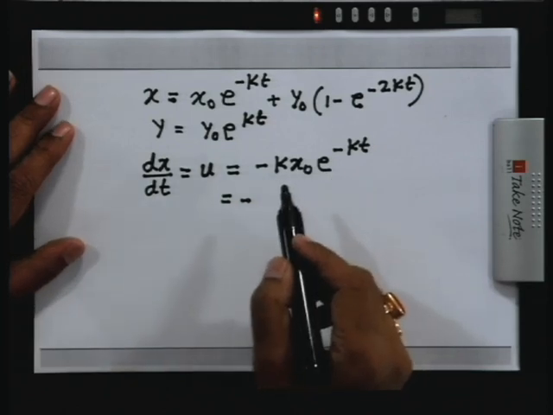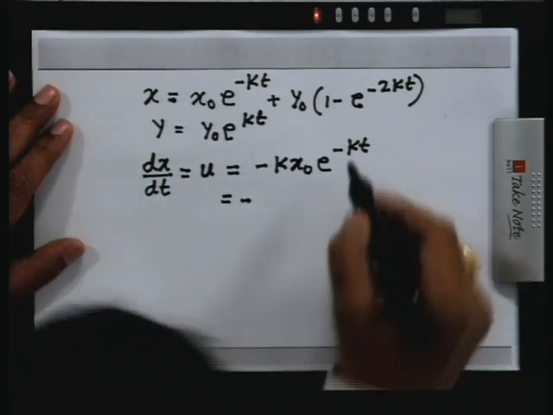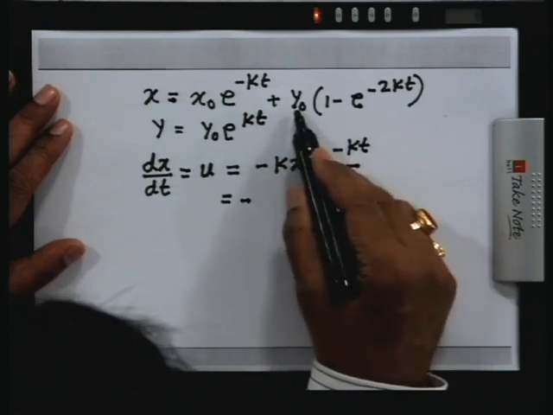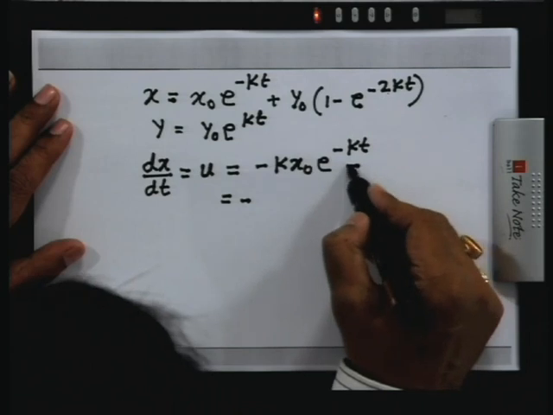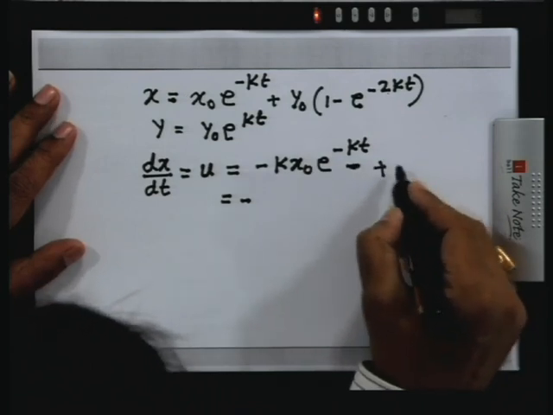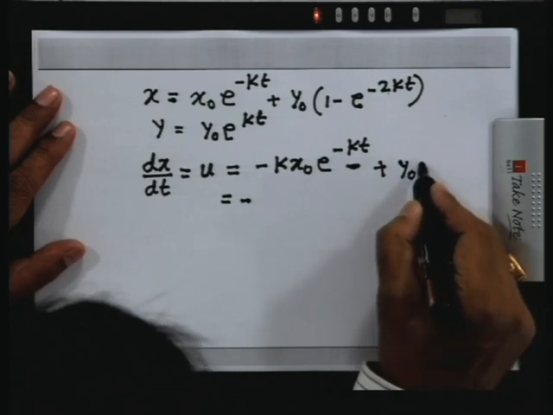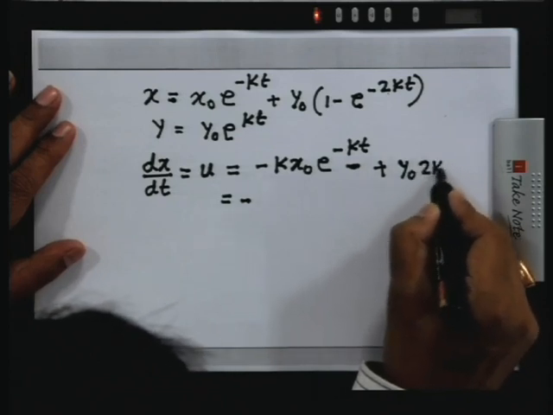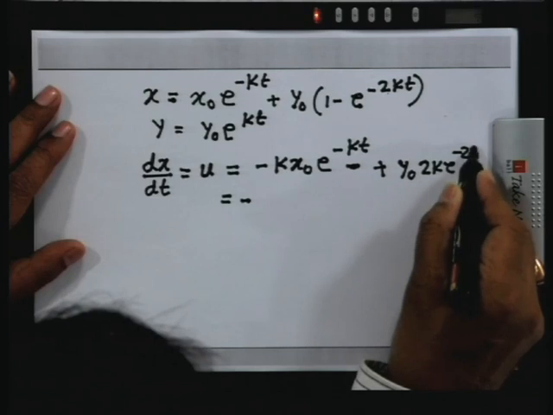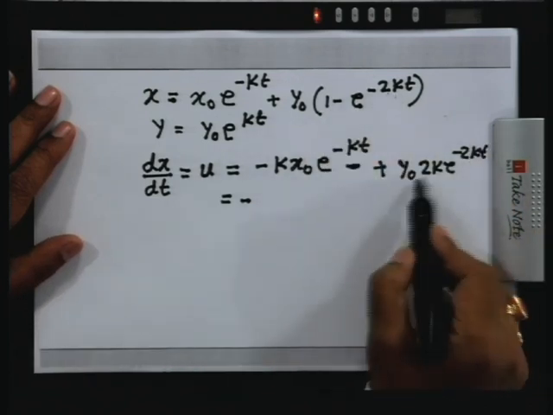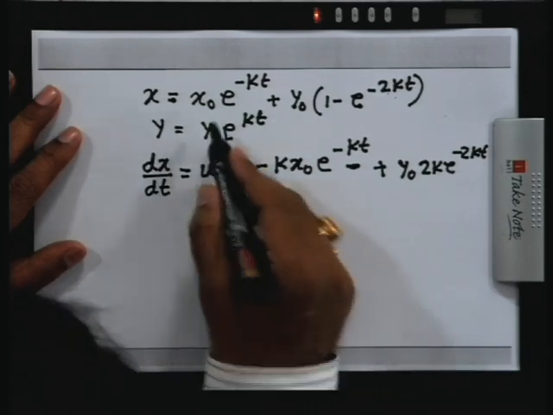We have to eliminate, oh sorry, I have made a mistake. Here there will be another term, that is why I was mistaken: minus minus, that means it is plus y0 2k e to the power minus 2kt.